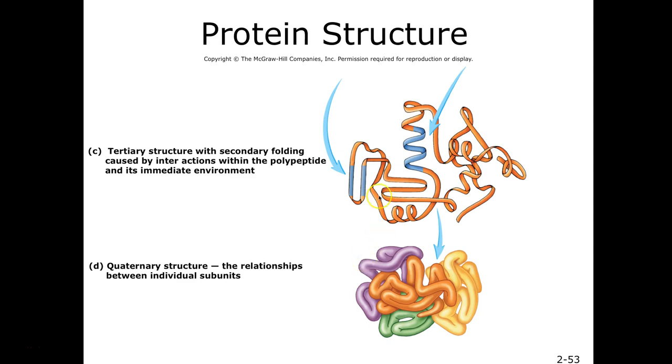When those secondary structures come together, we get our tertiary structures. Here we can see an alpha helix. These are representing some beta pleating over here and here. And when we're folding these, we also have some other interactions take place, for example, disulfide bonds that hold this tertiary structure folded up the way that it is.